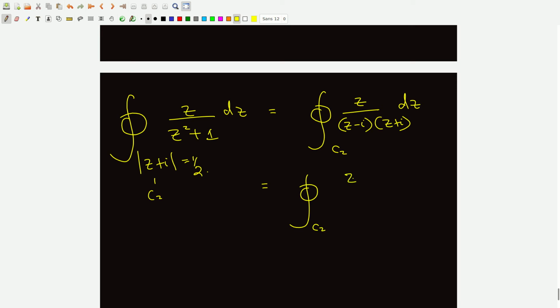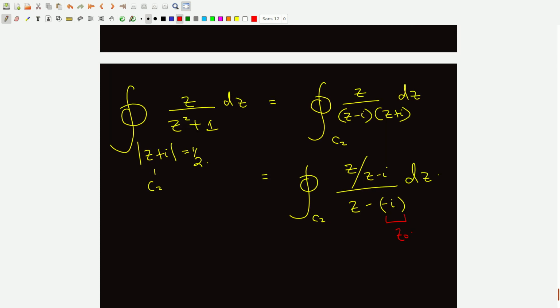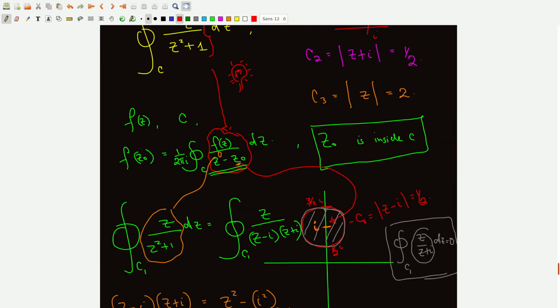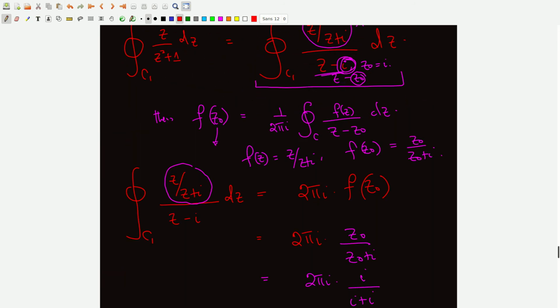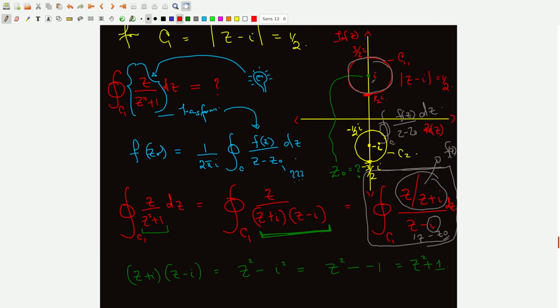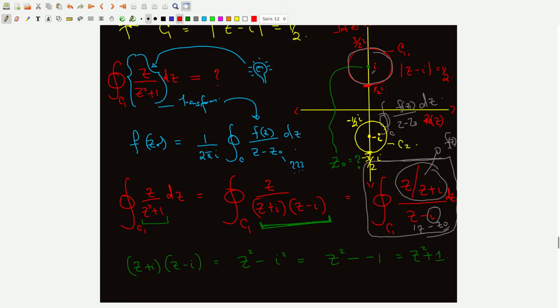Now the transformation here is that we shall change it and write it the other way around. We shall say it is z over z minus I, over z plus I, which can be written as z minus negative I. In other words, negative I is our z naught, and indeed our negative I lies inside C2, because it is a circle of radius 1/2 centered at negative I, which is our z naught.